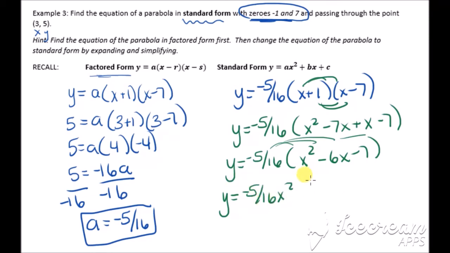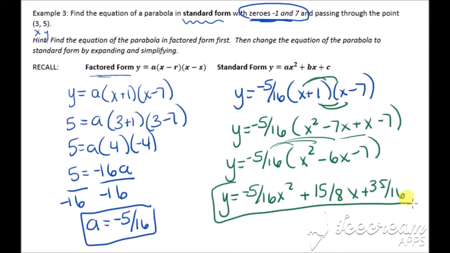So we get negative 5 over 16 x squared plus 30 over 16, which gives us 15 over 8 x, and then plus 35 over 16. Let's see if that reduces. No, we're good. So this is our equation in standard form.